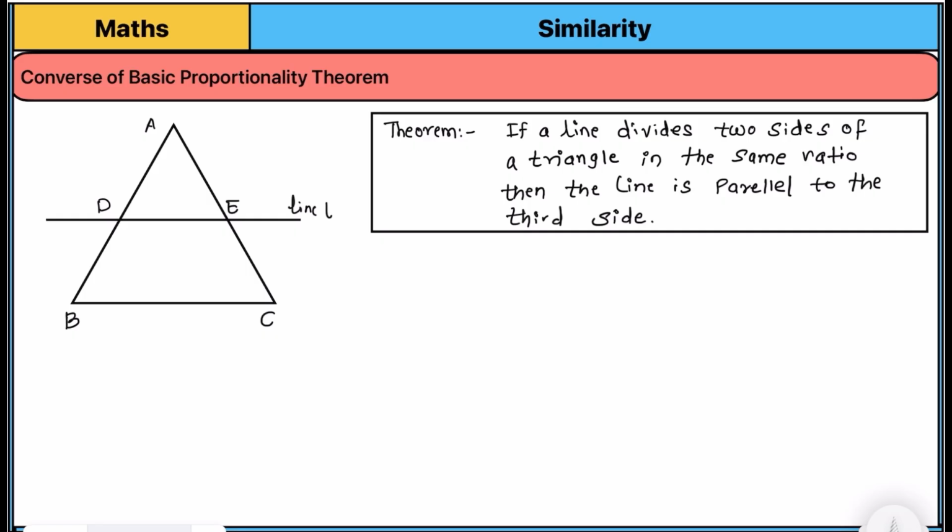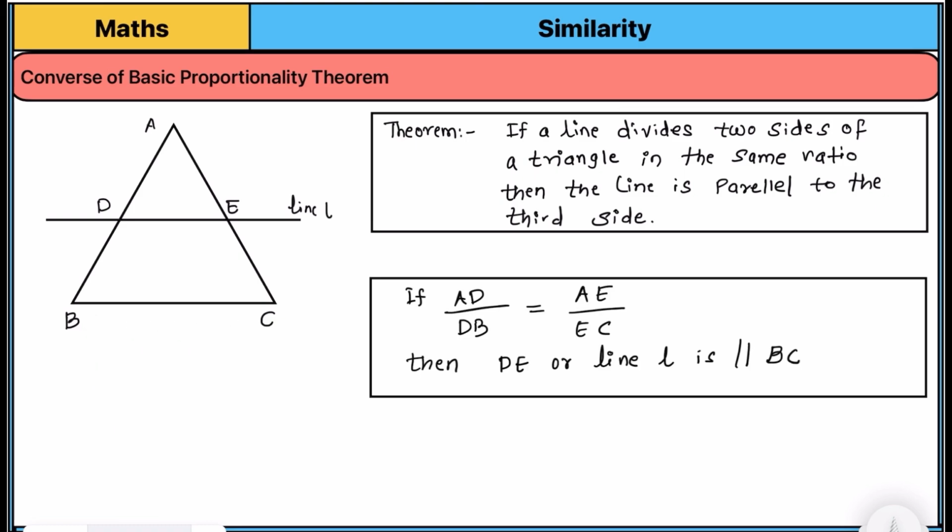In this case, line L would be parallel to BC, that is the third side of the triangle. In simple words again, if AD upon DB is equal to AE upon EC, then line L or DE is parallel to BC. This is the converse of the basic proportionality theorem.